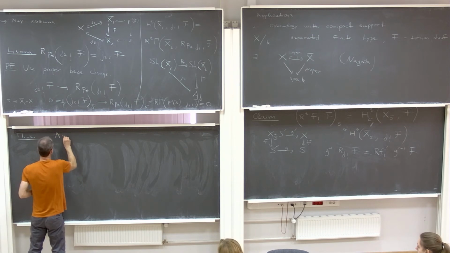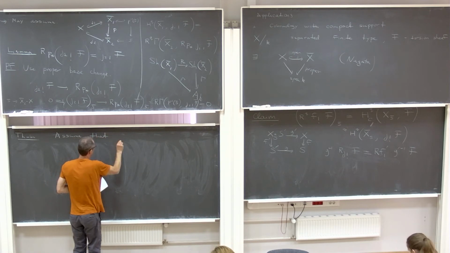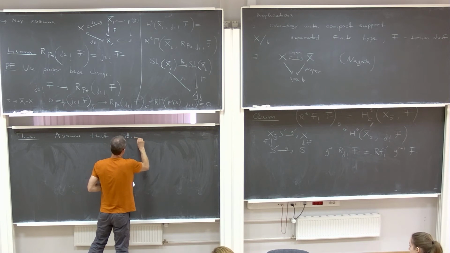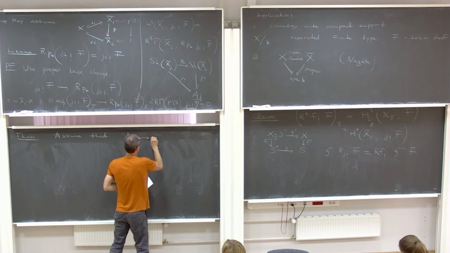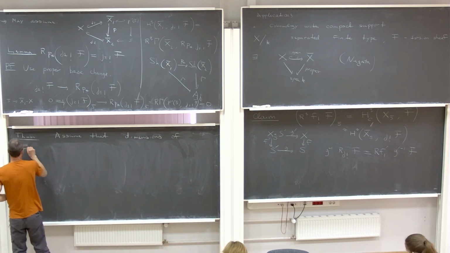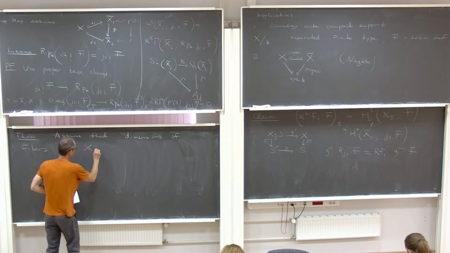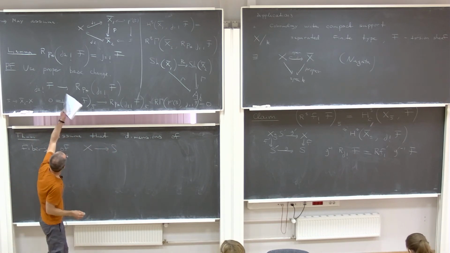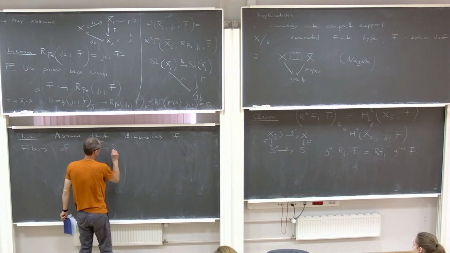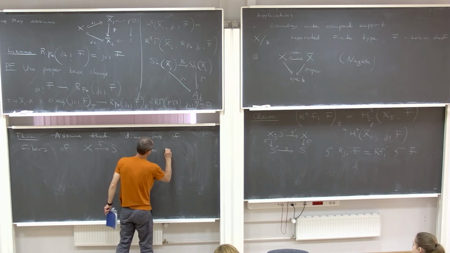Let's assume that the dimension of the fibers of a morphism f from X to S, which is assumed to be nice, so finite type and separated, is less than or equal to some integer n.